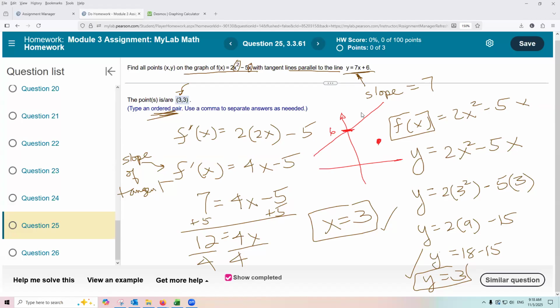This tangent line for the curve would be parallel. So maybe our graph does something like this. So at this point, the tangent line would have the same slope 7 as the original line, be parallel. These two, the tangent line and the line they gave us, are parallel lines, which means they have the same slope.